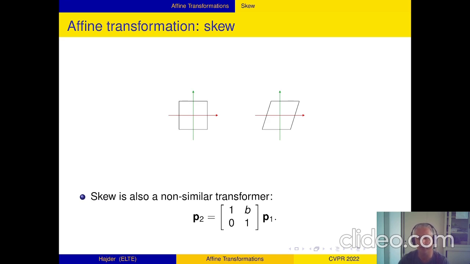In that case, only the parallelism is preserved, which means that the parallel lines in the left image remain parallel in the right image after the transformation. But it's very important that the angles are modified during a general skew.